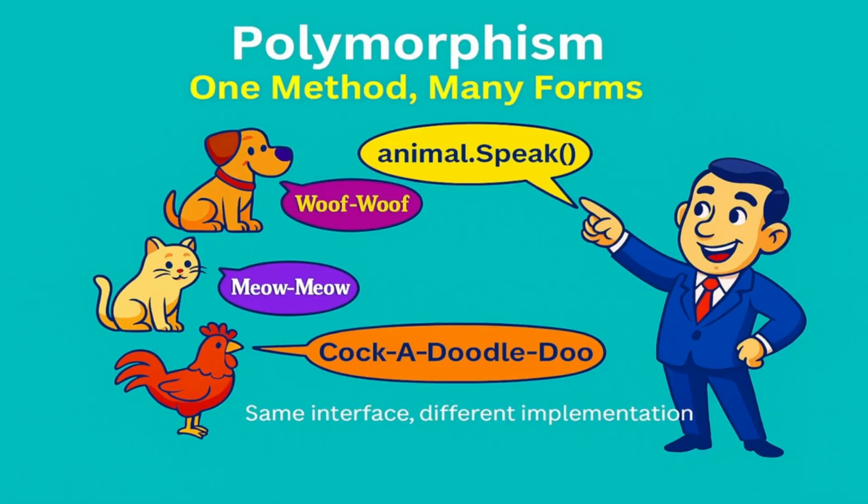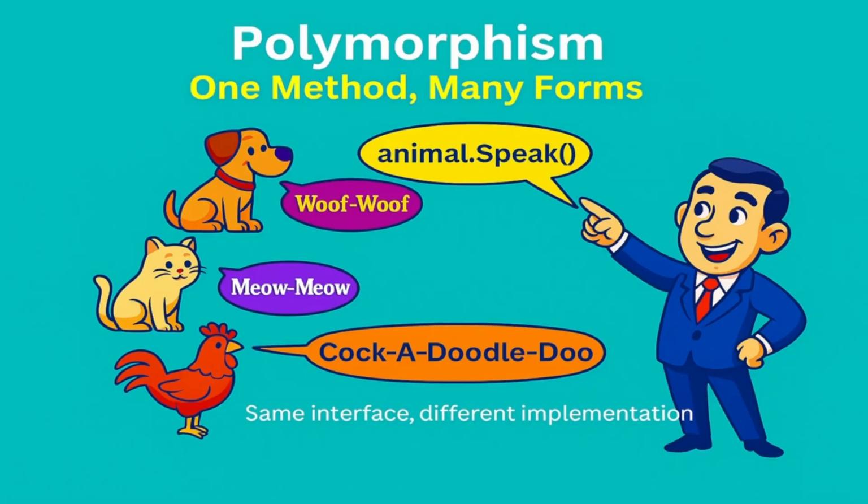So in C#, polymorphism literally means many forms. In terms of object-oriented programming, it means the ability of an object to take on many forms, or more accurately, the ability to treat objects of different classes as objects of a common type.